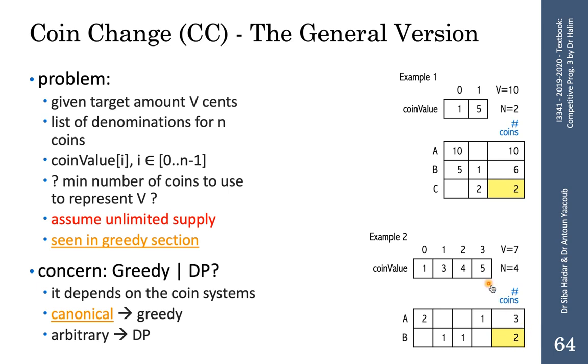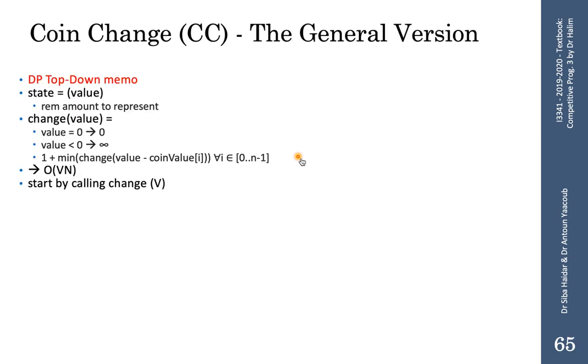And here we can clearly remark that the greedy solution would not have worked, because if we proceeded by taking the maximum first, we would end up using 3 coins. That's why we are studying this general version in the dynamic programming part.